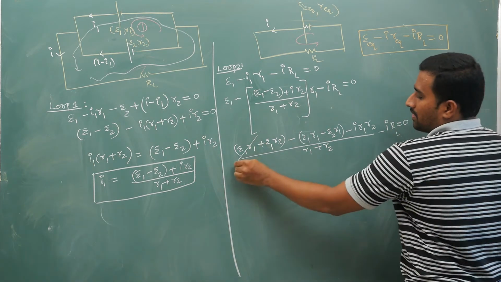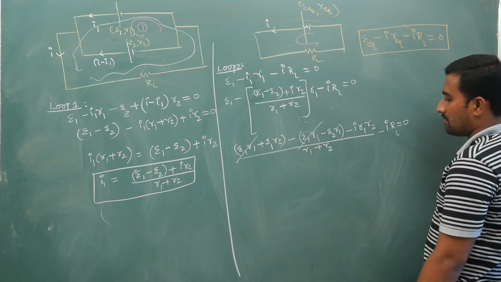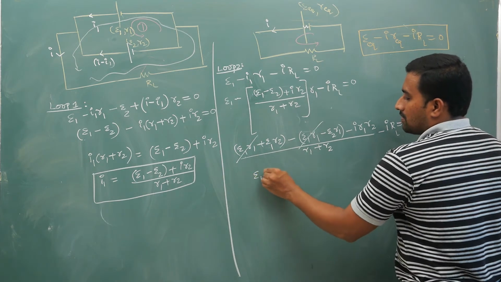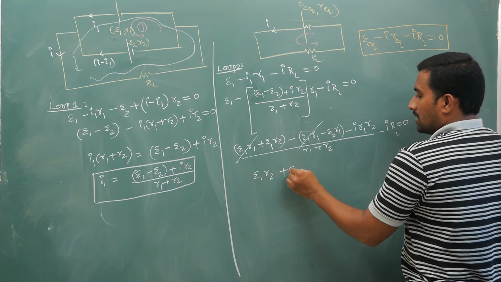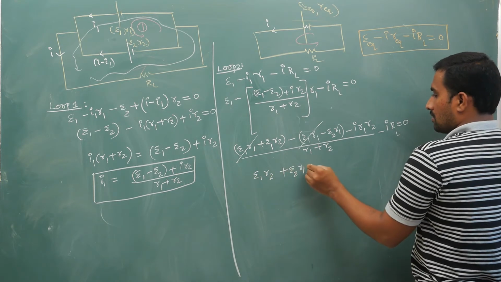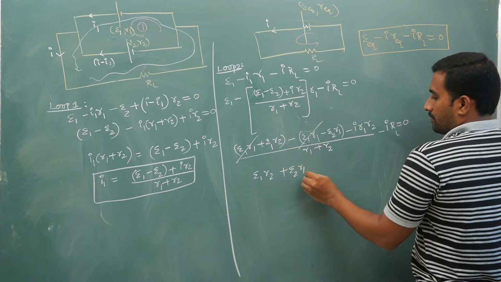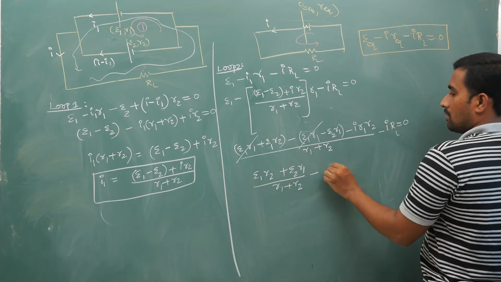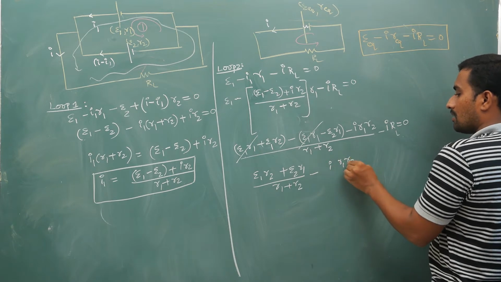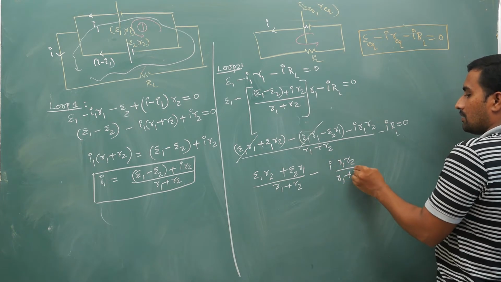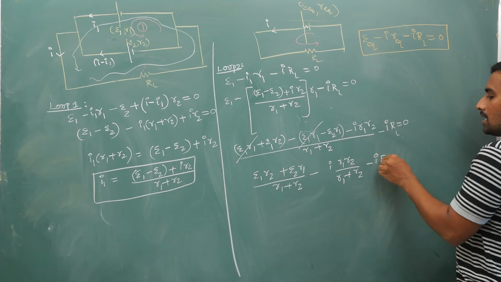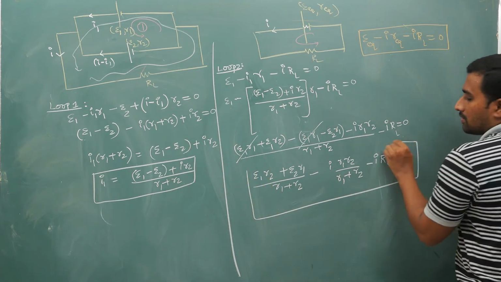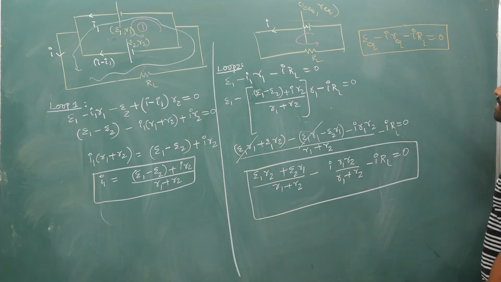So plus E1 R1 minus E1 R1 will cancel off. So you are going to get (E1 R2 plus E2 R1) by (R1 plus R2) minus I times (R1 R2 by R1 plus R2 plus R load) is equal to 0. This is what you are getting from this equation.